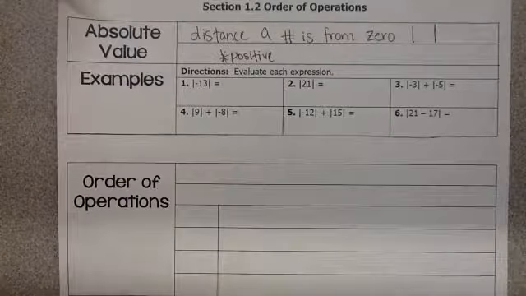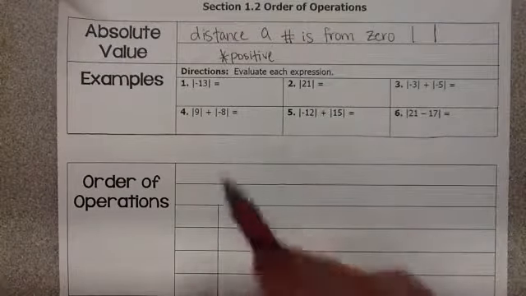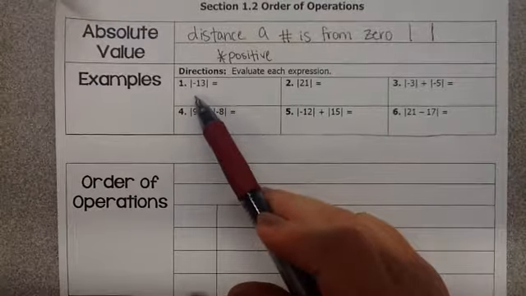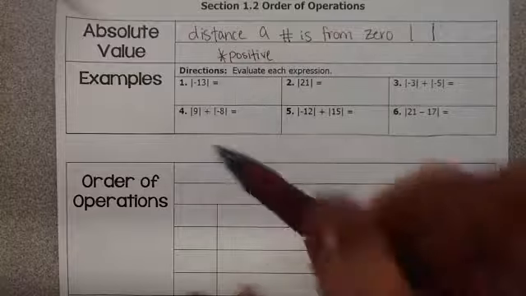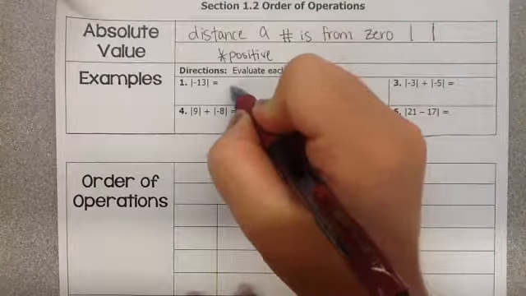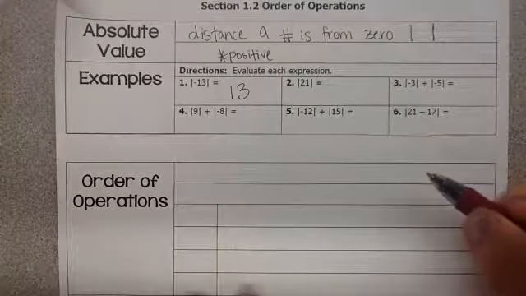So these bars represent absolute value, and what happens is it pops out a positive number. So the absolute value of negative 13 is positive 13.